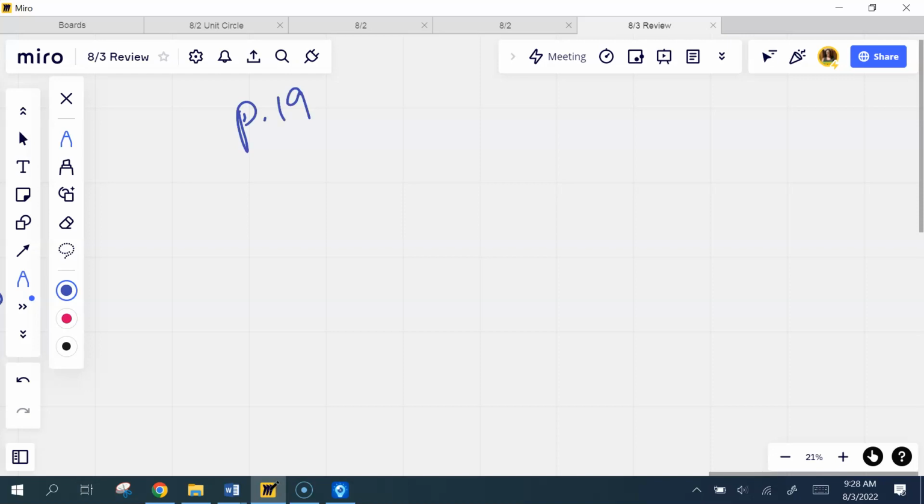Page 19. I'm going to put it up here, and then I'll take a picture and upload it.